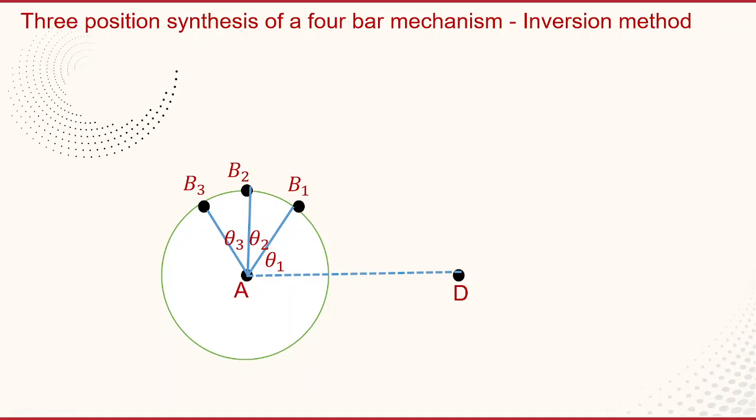Now D is the center, the other fixed point. From D, join B2 and B3. Take DB3 as a radius and D as a center and draw the circle.